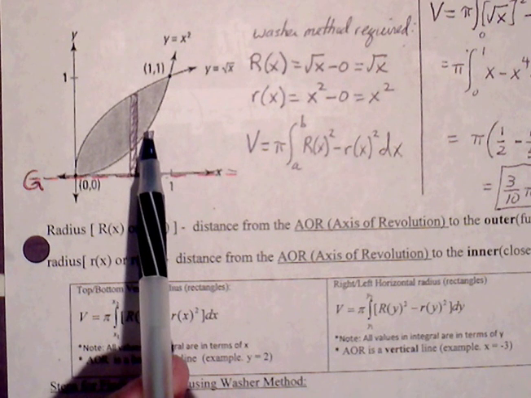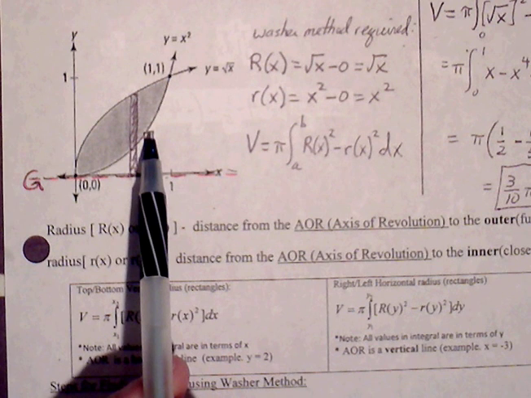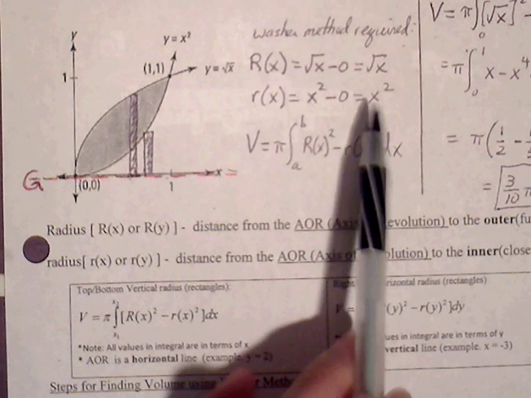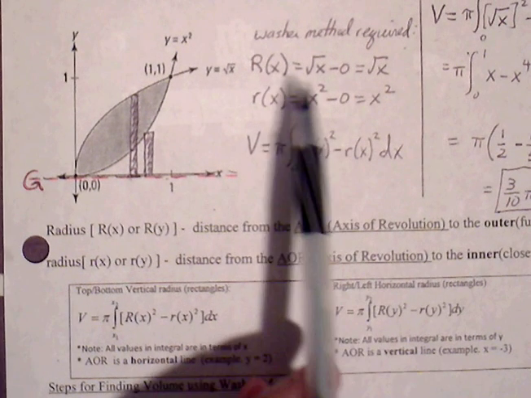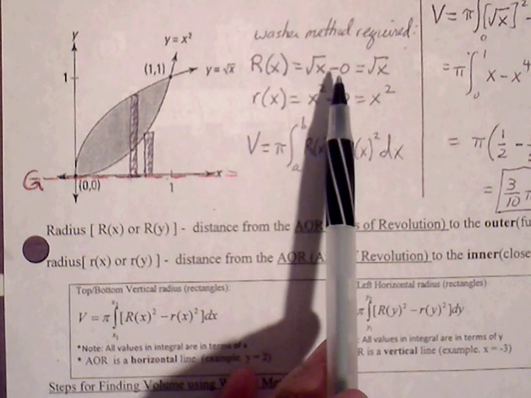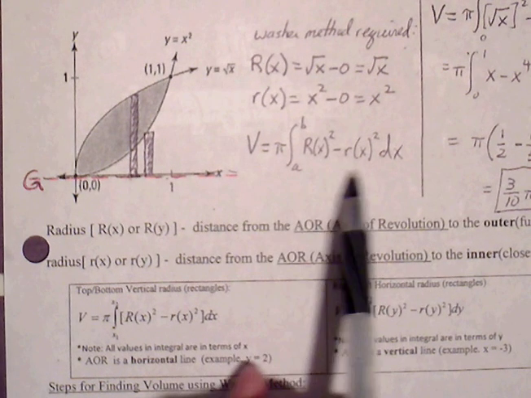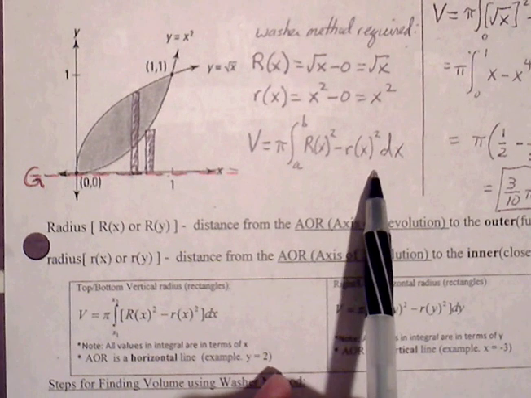So the top of this radius is hitting x squared, and the bottom is hitting 0, so x squared minus 0. Okay, so we're taking this idea of area of larger circle minus the area of a smaller circle and adapting it for this washer method here.